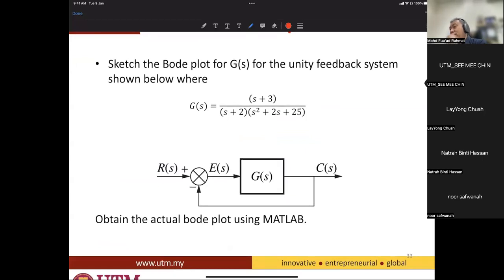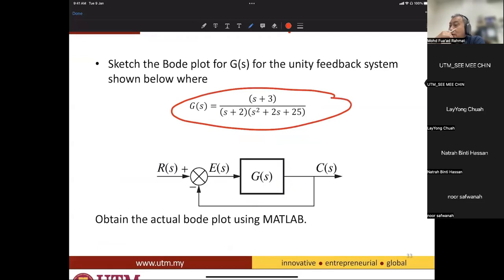So you are given this one. Okay. Sketch the Bode plot for G(s) for the unity feedback system shown here. S+3 over S+2.